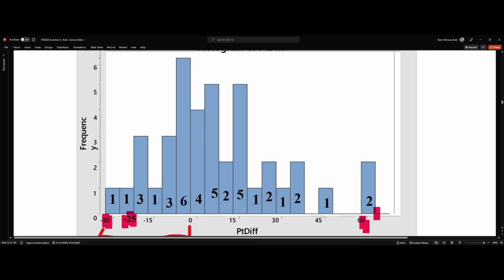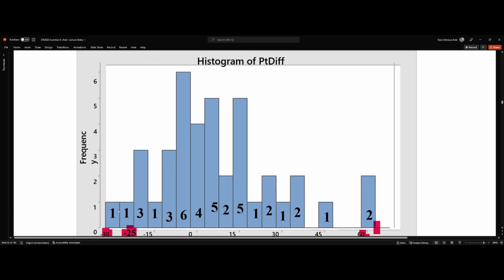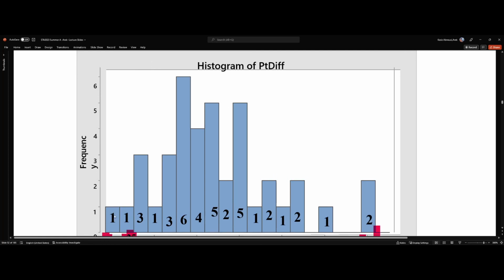So I added these, like these are the heights, the corresponding height, the frequency number for each of these bins. For example, if you draw a horizontal line over here, you can see that the bins that are at the same height with this one are these ones.